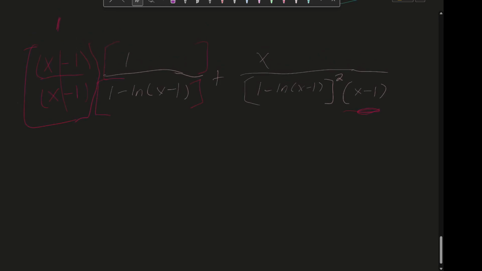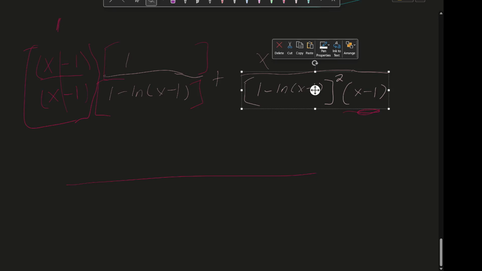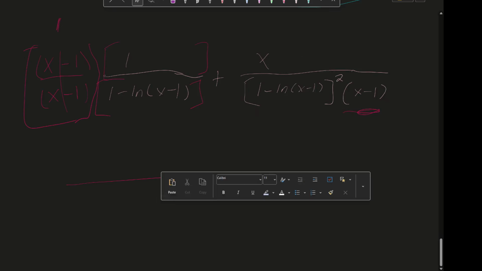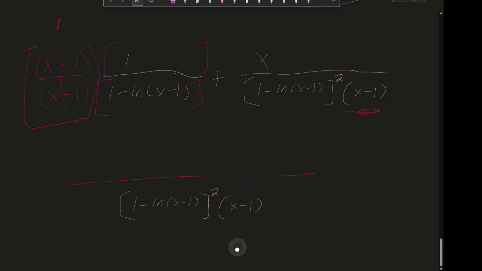So if you multiply that through, you could just leave your denominator as this whole thing because you'll have the same denominator for both fractions. You're combining them. So your denominator doesn't change. You'll have the same thing over here as you do over here.